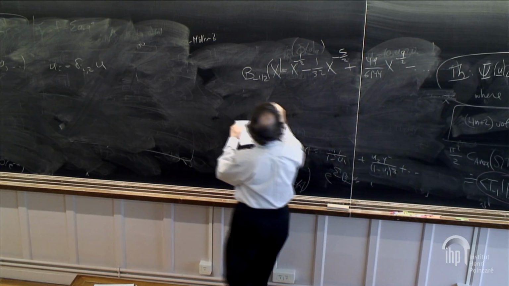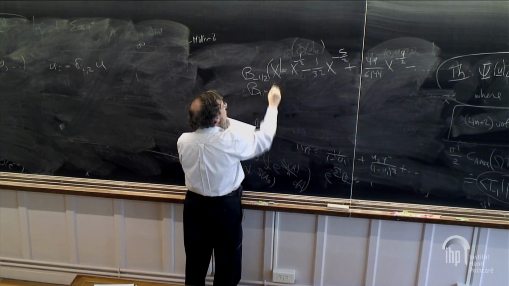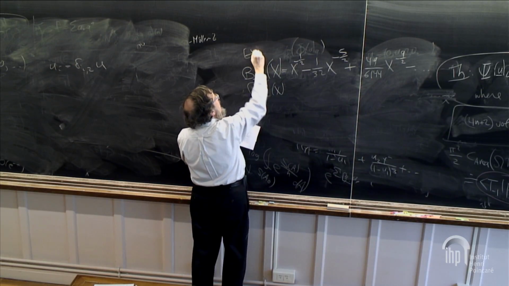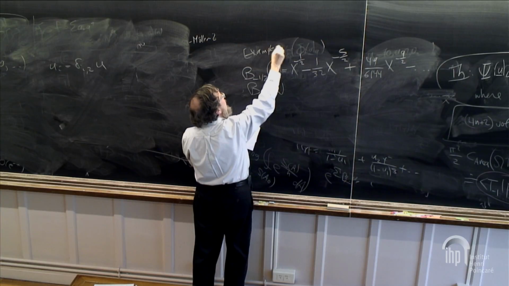The next one is 341 over something. Then b 1 half of x. So these are examples, but actually the only ones I'll need.